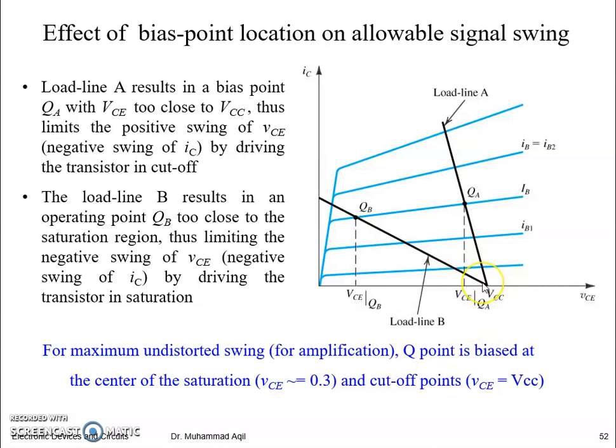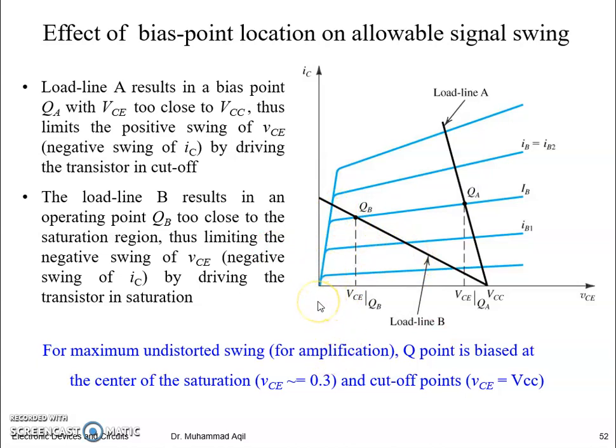Similar is the case when he would have taken load line B with a Q point QB. This Q point QB is more near to the saturation region. So a negative swing in VCE or positive swing of IC will make the transistor enter into the saturation region and you would be having a clip.